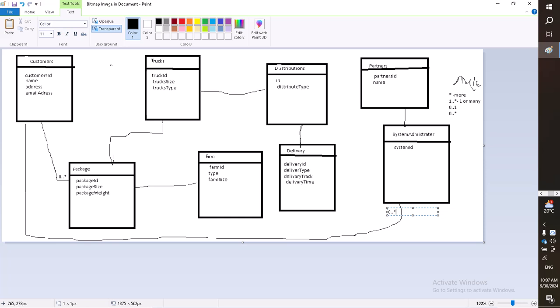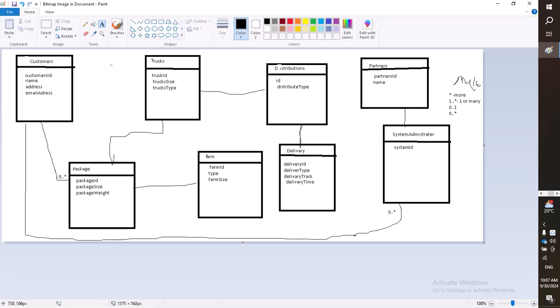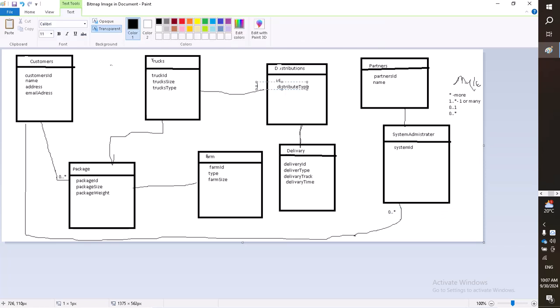Okay, another way: how many times does the truck move the package, distribute the package? The truck can distribute either 0 or many.